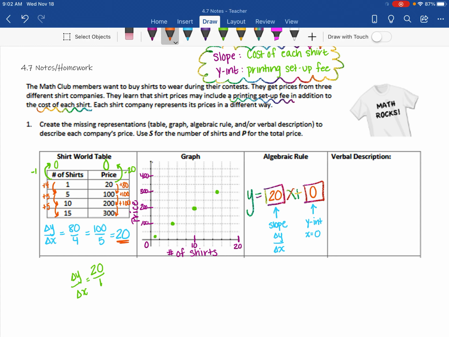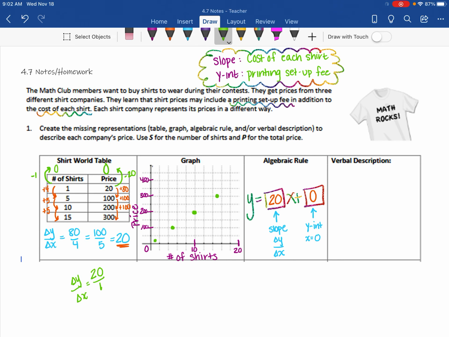The only thing I have left to do is I have to write my verbal description, and that's where this rainbow bubble above comes in. I know my slope is 20. I know my y-intercept is 0, so I'm just going to write a verbal description. So the cost of each shirt is $20 because my slope is $20.